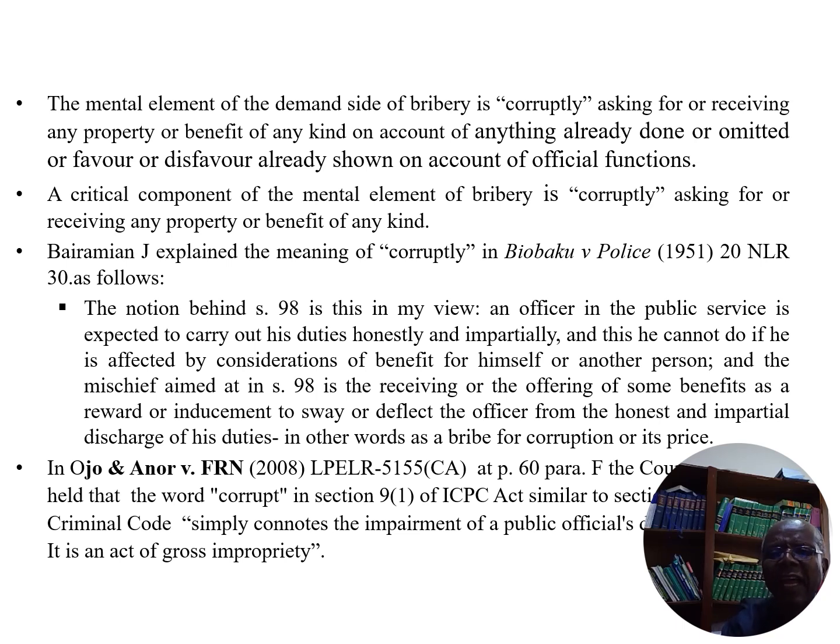So in this instance, if I'm charged under Section 98 or Section 98A for receiving bribe, I will have a duty of proving that that receipt was not with a corrupt intention. The law presumes that as a public officer, whenever I receive a property or benefit of any kind in the course of my official transaction, that is received or demanded corruptly.